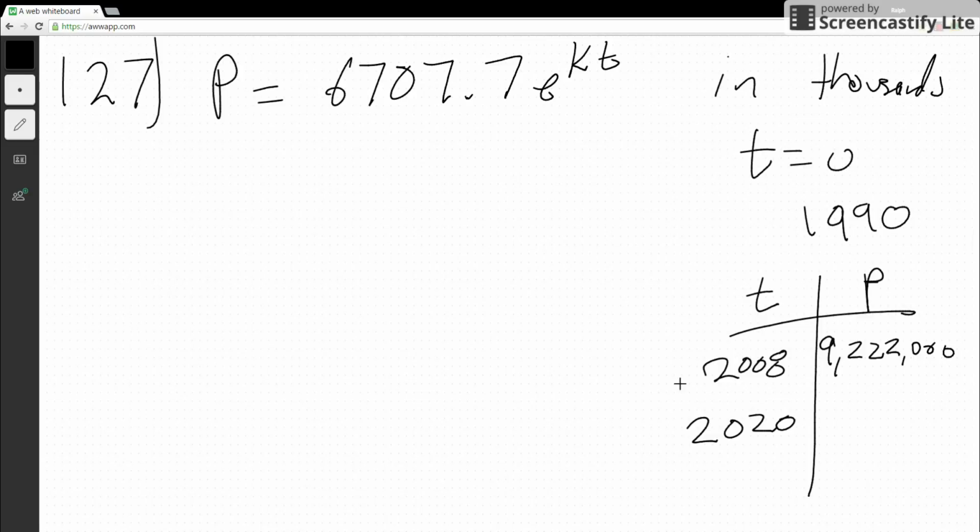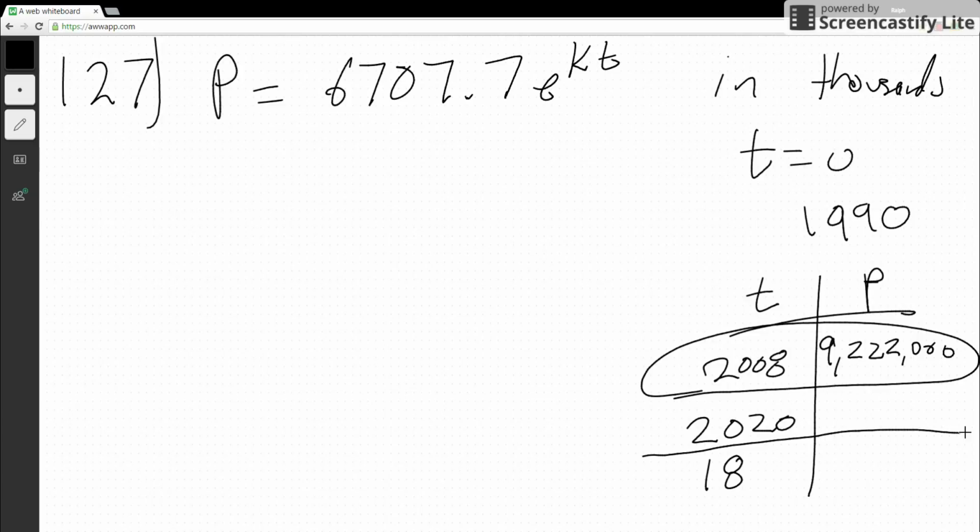So if I wanted to plug in 2008, that is really 18 years. So to rewrite this into the function, I would say t is 18, right? Because I started from 1990, not from 2000. And my output would be this. That's what I'm going to enter to find k.